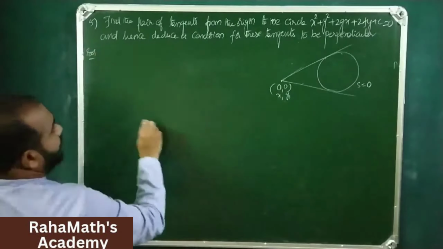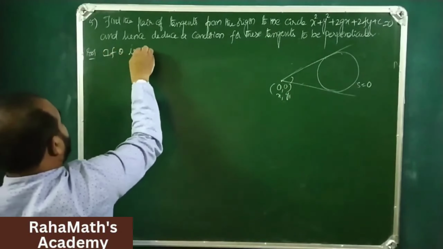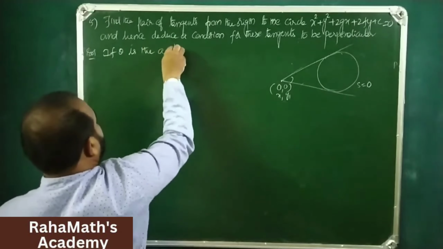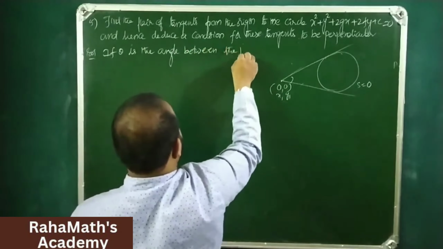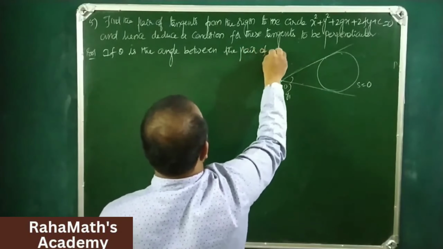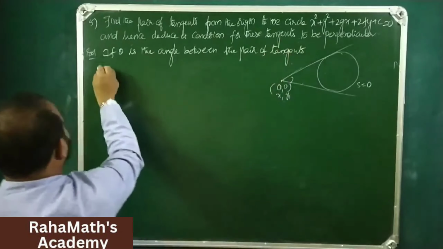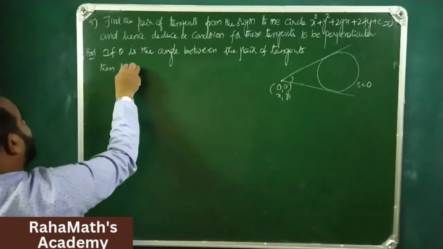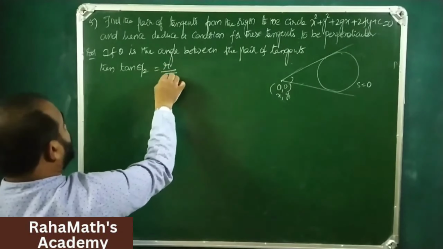Find the pair of tangents from the origin and hence deduce a condition for these tangents to be perpendicular. Solution: if theta is the angle between the pair of tangents, then tan theta by 2 is equal to r by square root of S11.